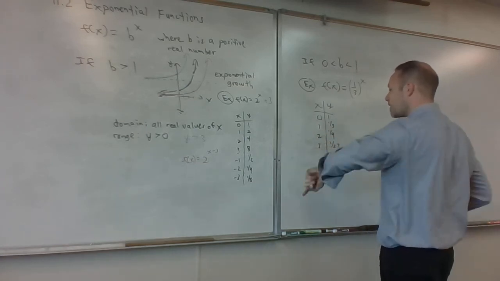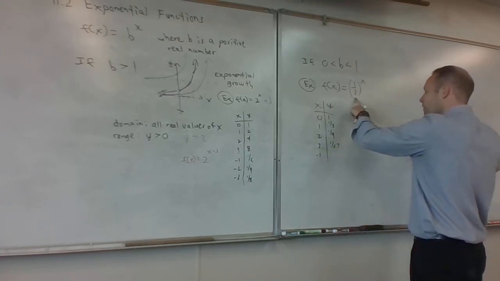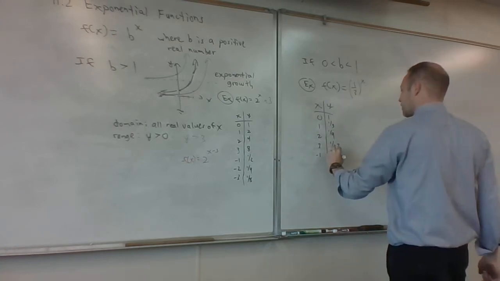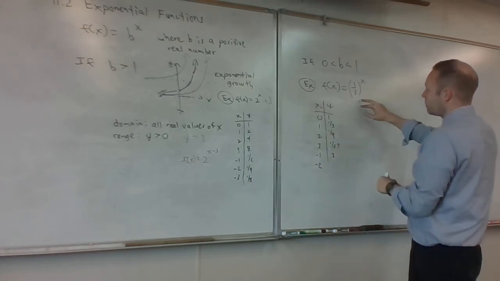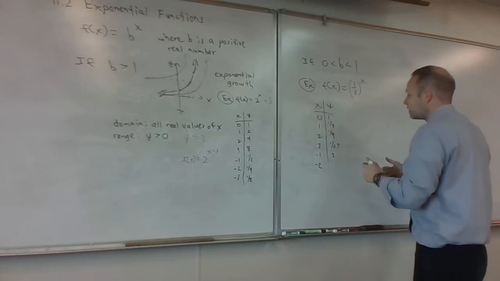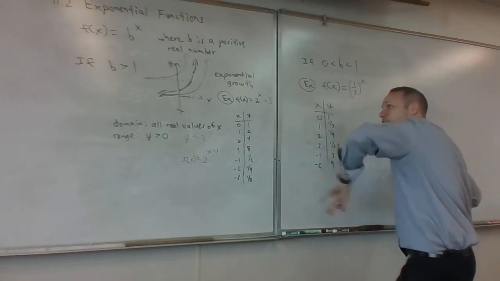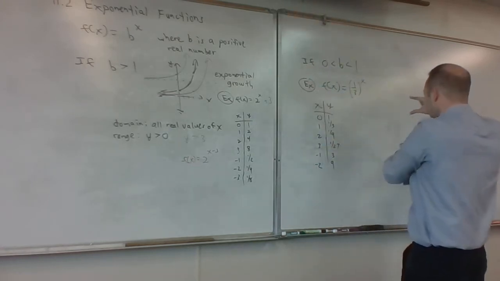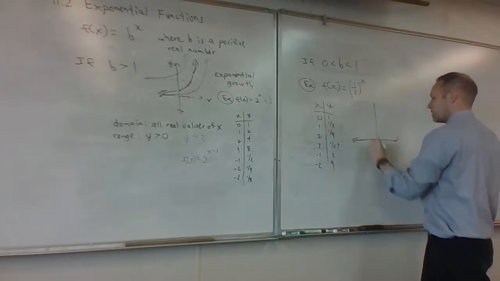And then when we rewind, if x is -1, 1/3 to the -1 is the same thing as flipping the fraction upside down to the +1, so that gives us 3. If x is -2, we have 1/3 to the -2, that's the same thing as 3 to the +2, which is 9. And so as we go backwards, we're exponentially going up, and as we go forward, we're getting closer and closer to our horizontal asymptote. So that's going to look like this.